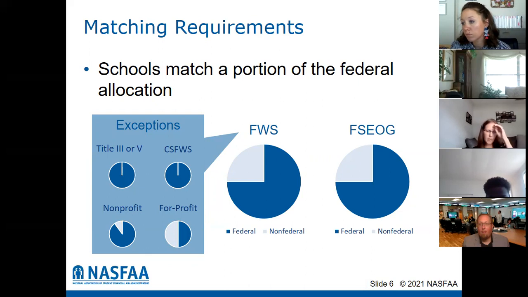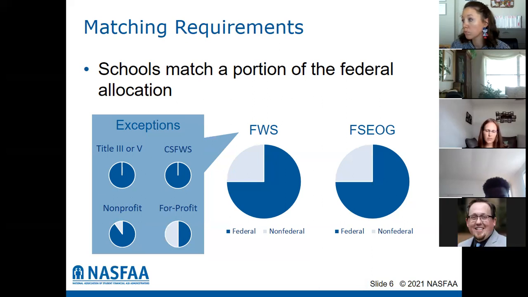An example of this would be, let's say your school completes the FISAP and you get the information of what you're going to be receiving as an allocation from the federal government, and you're going to be receiving $63,750 in federal work-study funds. The school then is required to contribute a 25% non-federal share of this amount. So to figure this out, you divide the federal allocation of $63,750 by 3 to determine the non-federal share of $21,250.